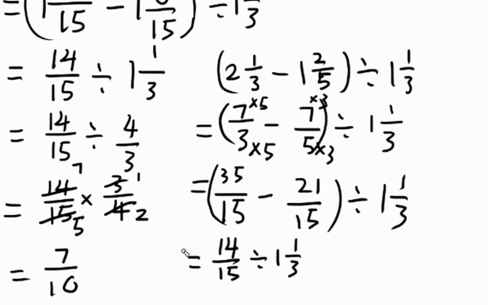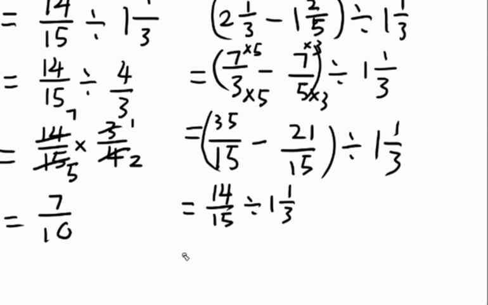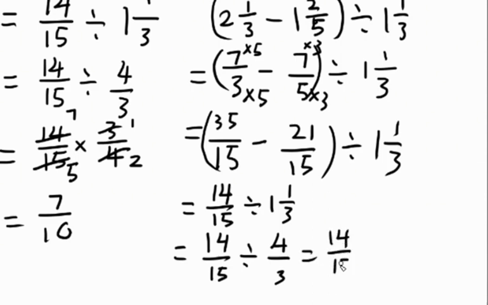And the calculation will be the same as this. So it will be 14 over 15 divided by 4 over 3, which is also 14 over 15 multiplied by 3 over 4. And our answer would be 7 over 10.